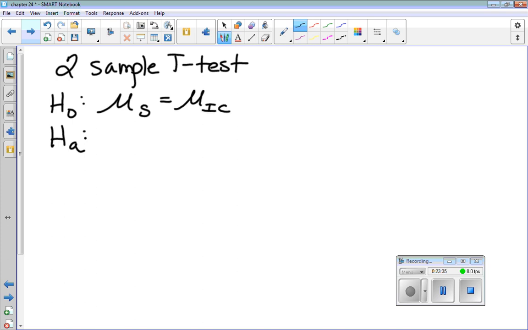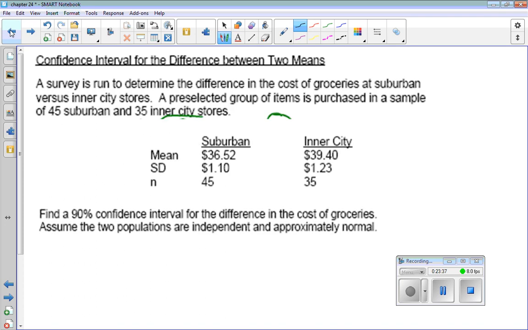And we have to look at the question wording to decide how we're going to write our alternative hypothesis. And it doesn't really say, does it? It doesn't really say anything about it, because I kind of made this up, right?